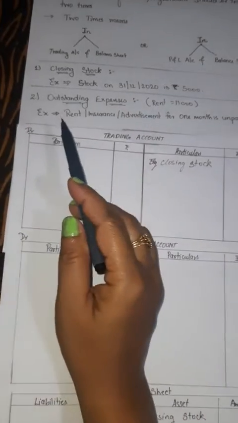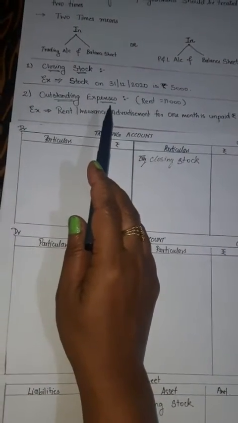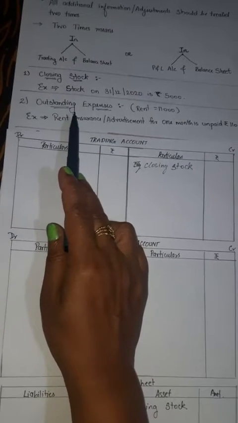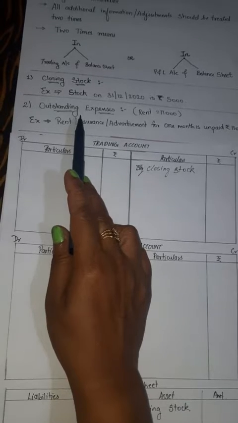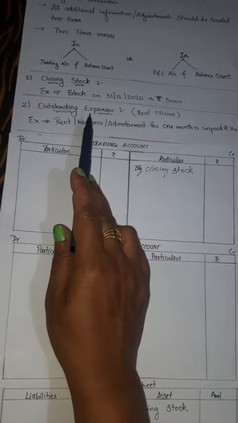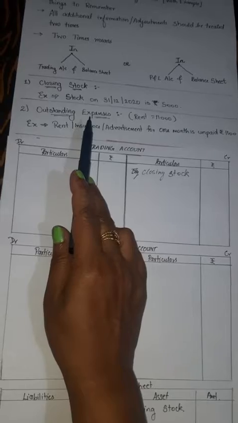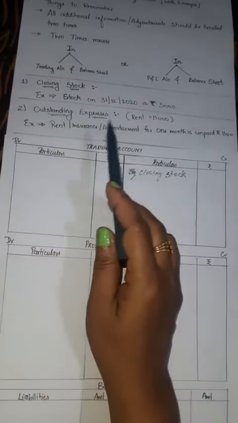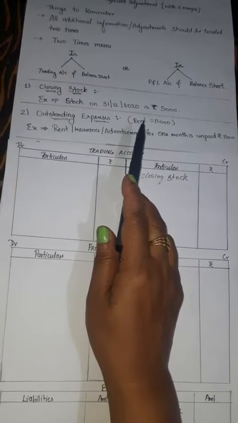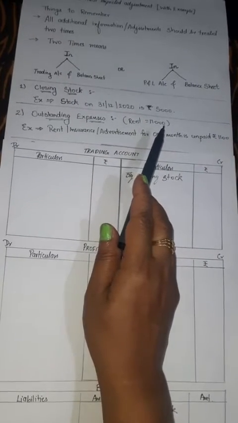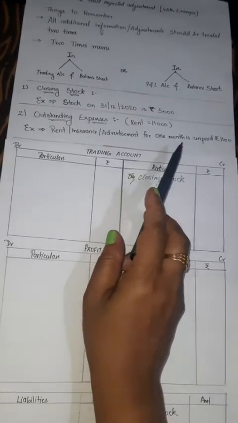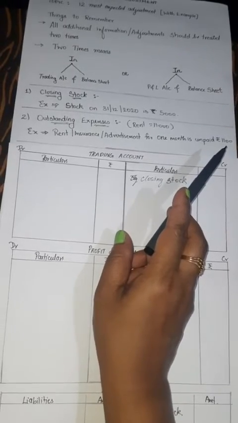Now the second item which may come in exam is outstanding expenses. Outstanding means what? The expenses which are not yet paid. So these expenses we should pay, that is a liability of ours, but we have not yet paid it. For example, rent. Rent 11,000 is given to you, and in the example it is given that rent for 1 month is unpaid, 1,100.